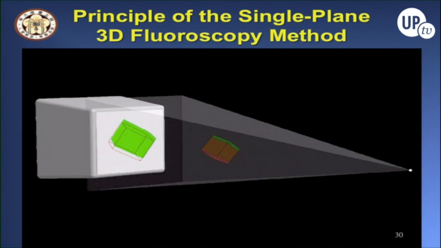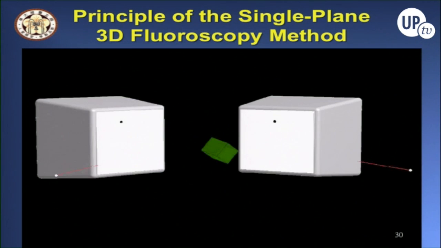And if you translate the object away from the position, you can also see the projection of the object move away from the true projection. And it does the same thing when you rotate the object. So by taking the projection of the object, we may be able to reconstruct the three-dimensional position of the object in space.